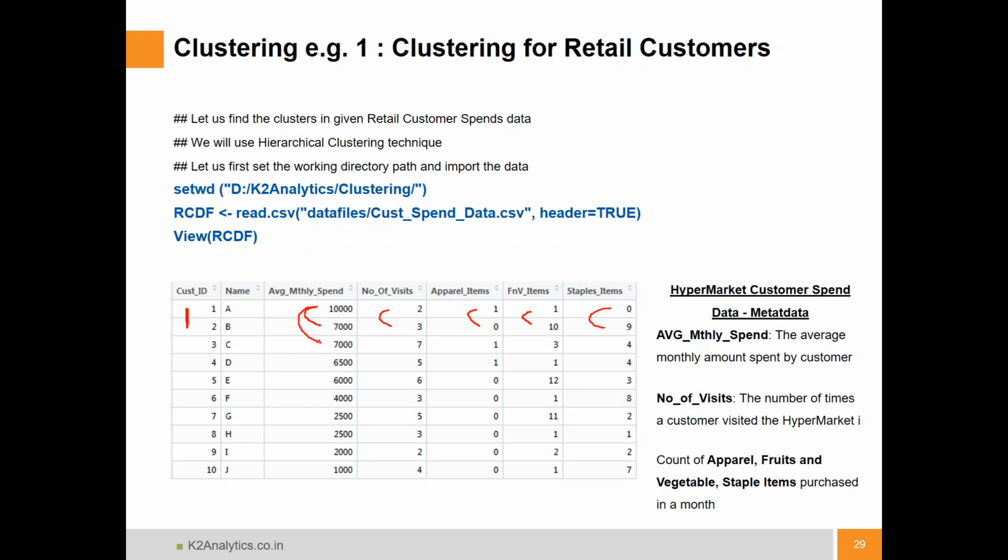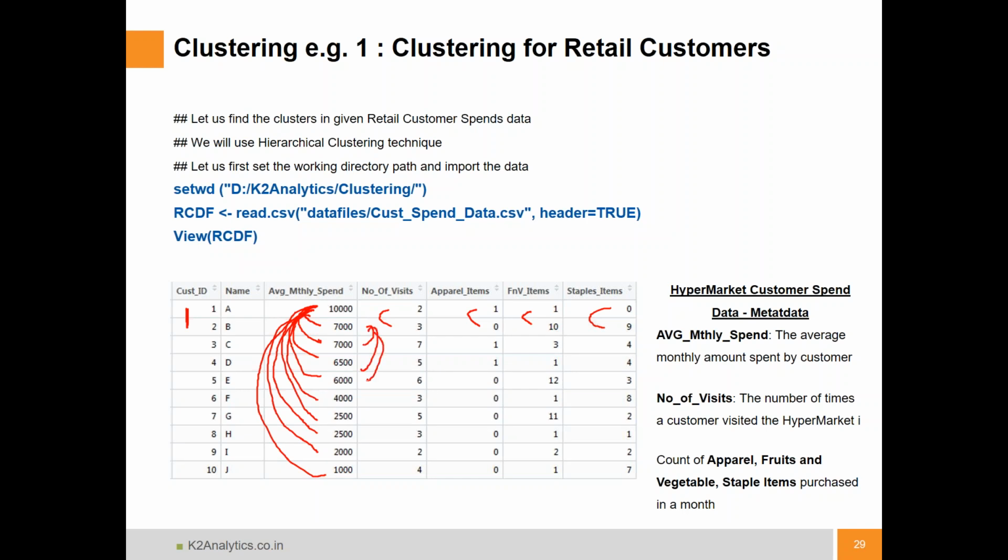Similarly, I'll have to compute the distance between this and this customer, because you have to first compute the distance between each combination. So you have to compute the distance between this and this, this and this, and this and this and this.